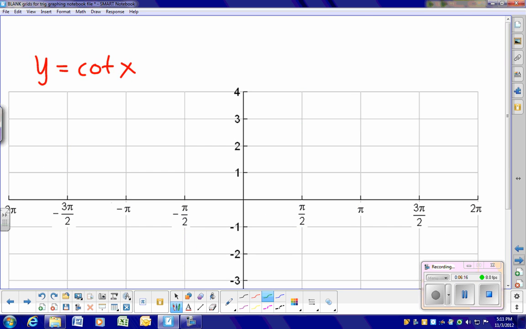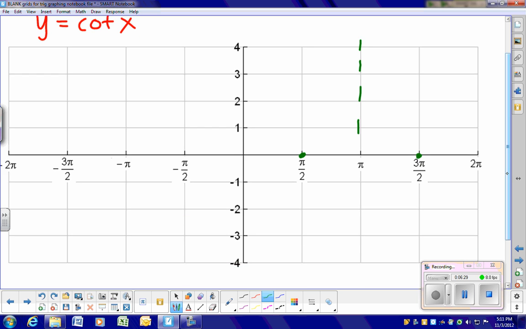Take a look at this. So at pi over 2 and at 3 pi over 2, cotangent has to equal 0. Well, that kind of suggests, just kind of guessing, that cotangent's going to look a little bit like tangent. Here's where our asymptotes are going to be. If you think about the unit circle one more time, these are multiples of pi.